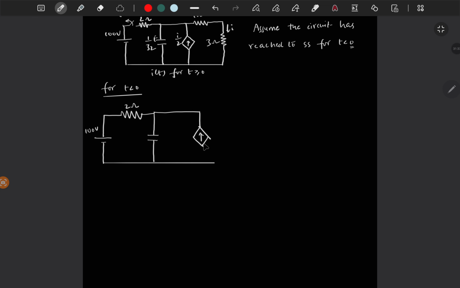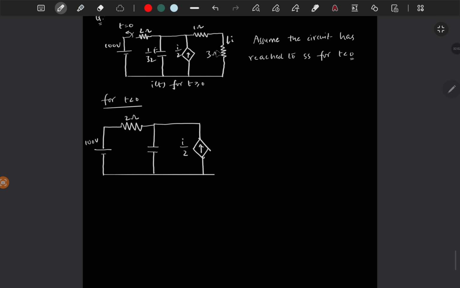This diamond or this box indicates the dependent source. Here, since it is showing the symbol as current, it is a current source, and this can be dependent on either the voltage across any component or the current also. I'm saying the value here, I, is depending on the current flowing through the 3 ohm resistor.